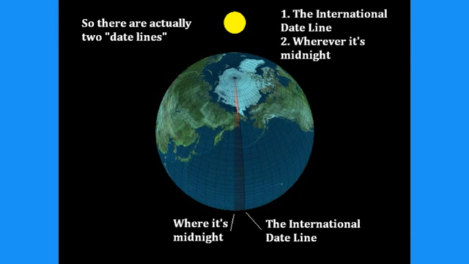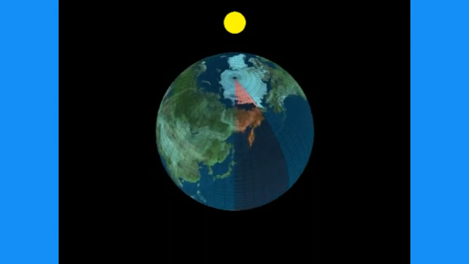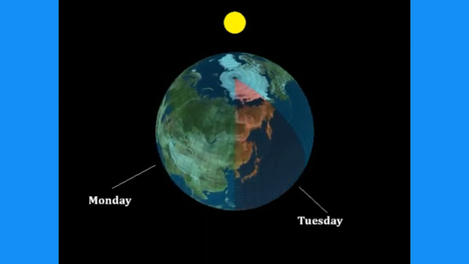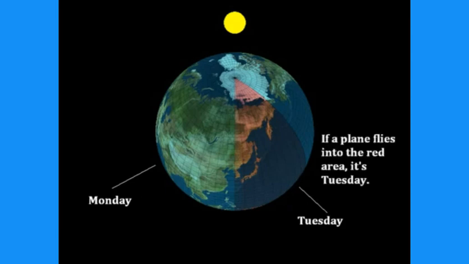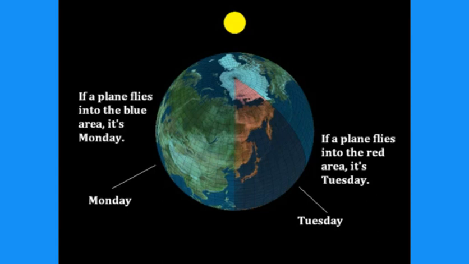It is 12 midnight Monday. The areas to the east of the international dateline will have Tuesday, and the blue area is still on Monday. If a plane flies into the red area, it's Tuesday. If a plane flies into the blue area, it's Monday.